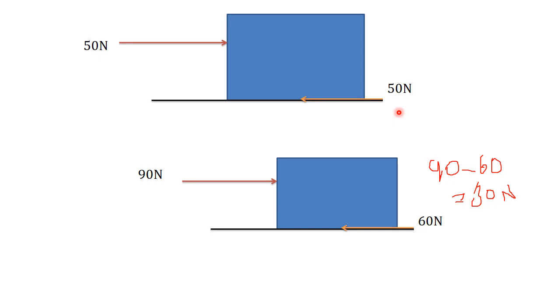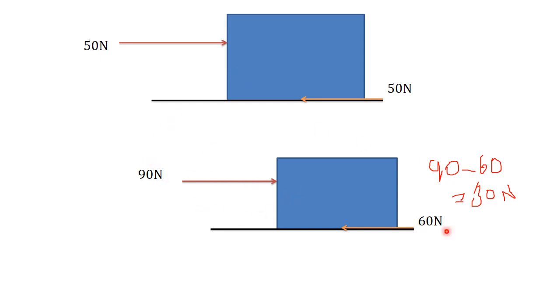If the frictional force is also 50 Newton, what will happen? The object does not move, it will remain at rest, and the resultant is 0. 50 Newton in one direction, another 50 Newton in the opposite direction, that is frictional force. So the resultant force is 0, and the object is at rest, with no motion.